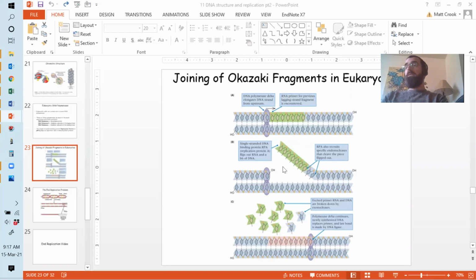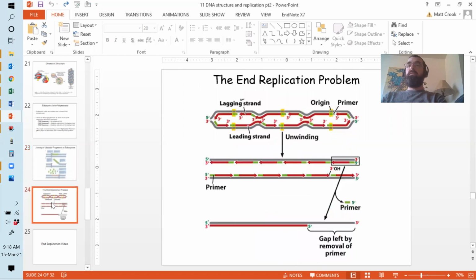You might think, okay, well, that's not that big of a deal. But the next time that cell divides, the end of the chromosome will begin here. And so the next time there's going to be an RNA primer here, underneath this box, and that gap isn't going to be filled. So every round of cell division, your chromosomes get shorter.